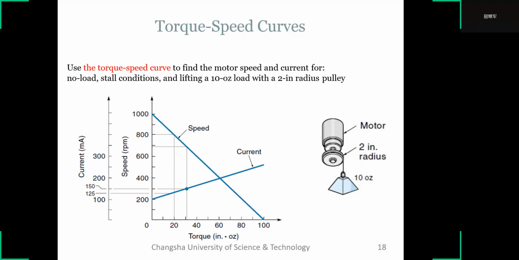This figure shows the torque and the speed, used to find the motor speed and the current for a no-load stall condition and lifting a load, for example lifting a 10 ounce load with a 2-inch radius pulley.